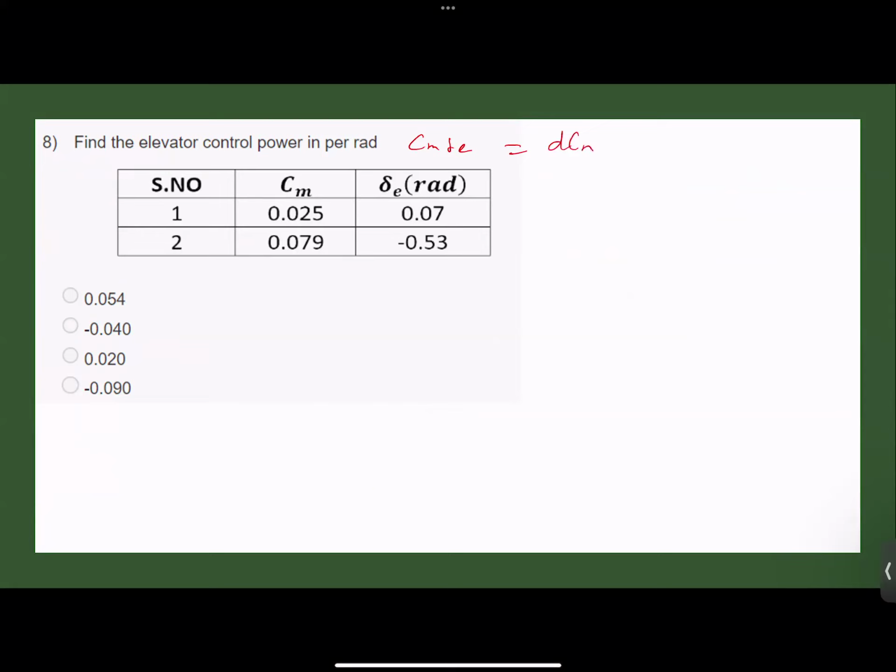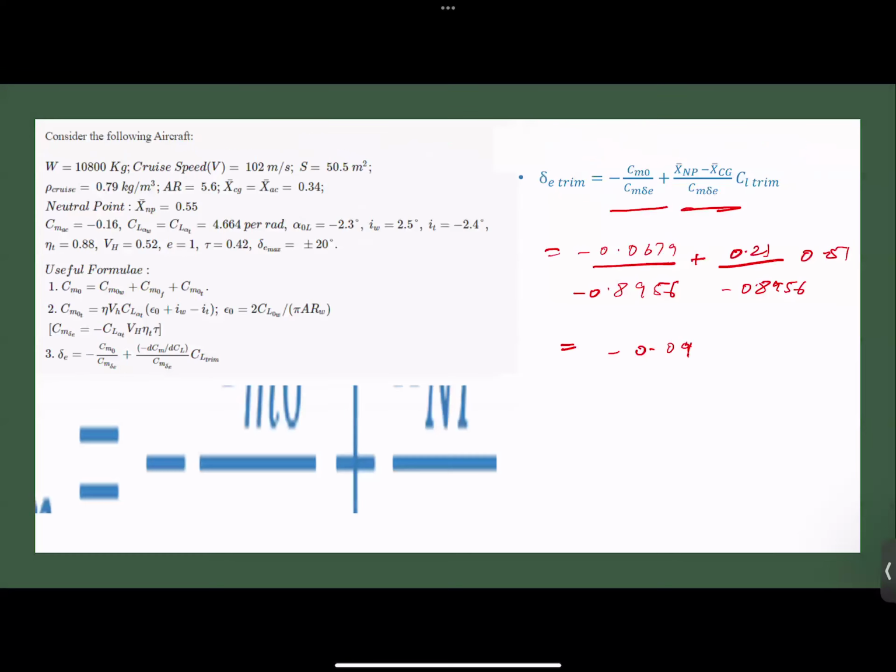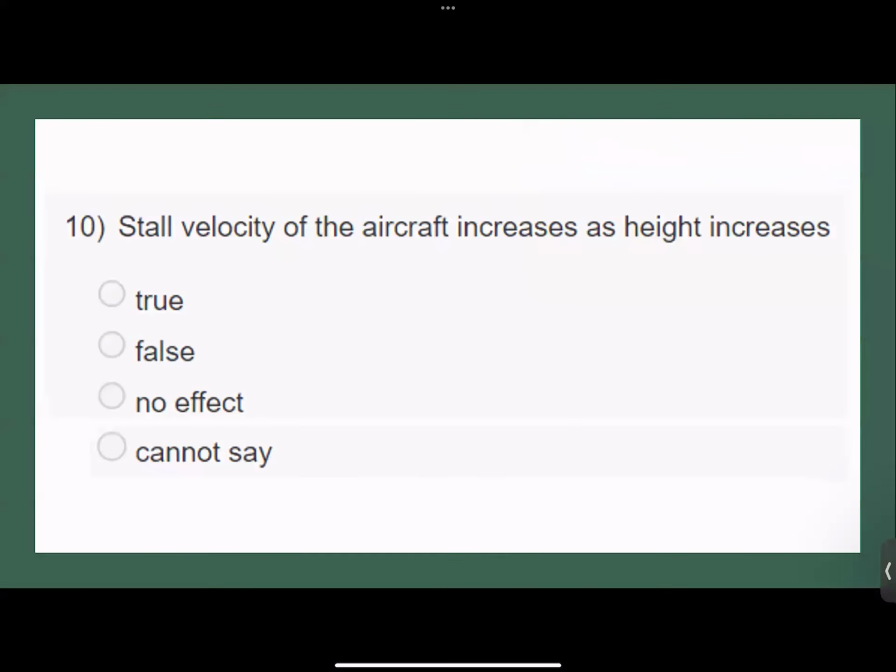So dCM by d delta E is 0.025 minus 0.079 by 0.07 minus 0.53. This gives us the slope as 0.09. You can just get the required answer.